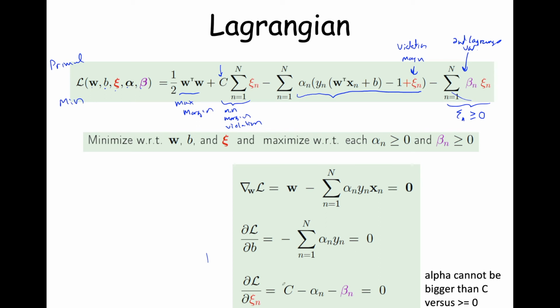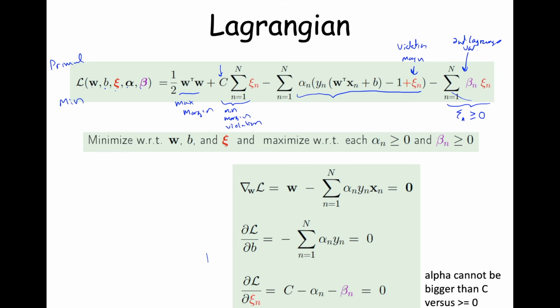So this third quantity gives us a constraint on alpha n. Now, if this beta n as a Lagrange variable is greater than or equal to 0, that means the biggest that alpha n can be is equal to C, right?